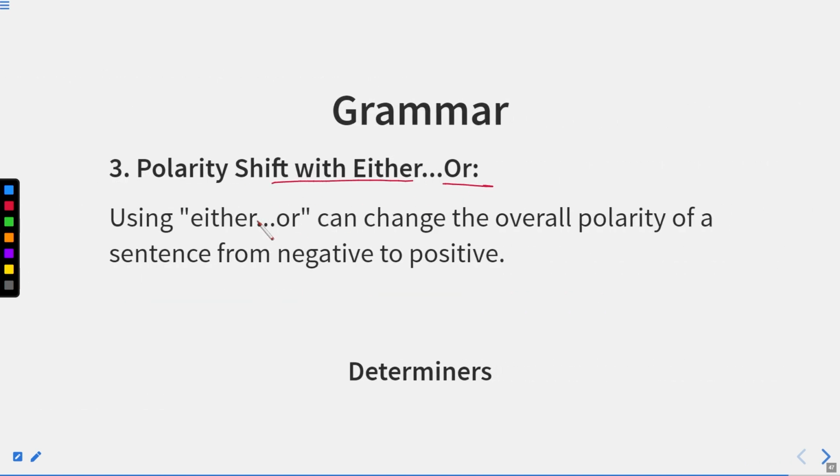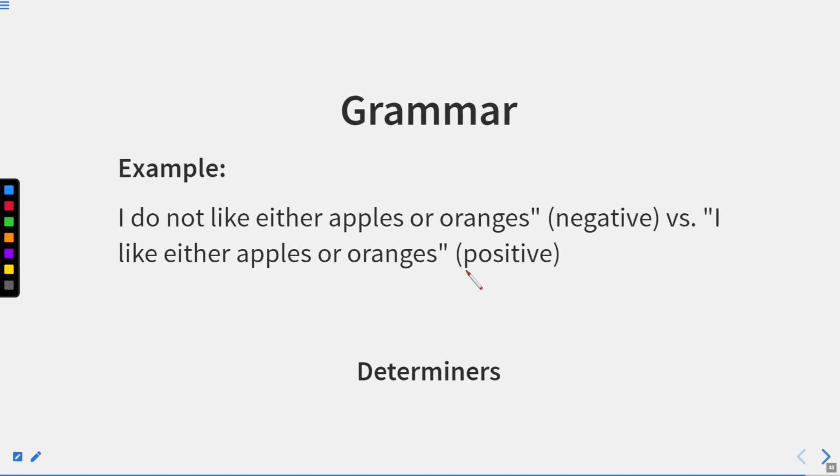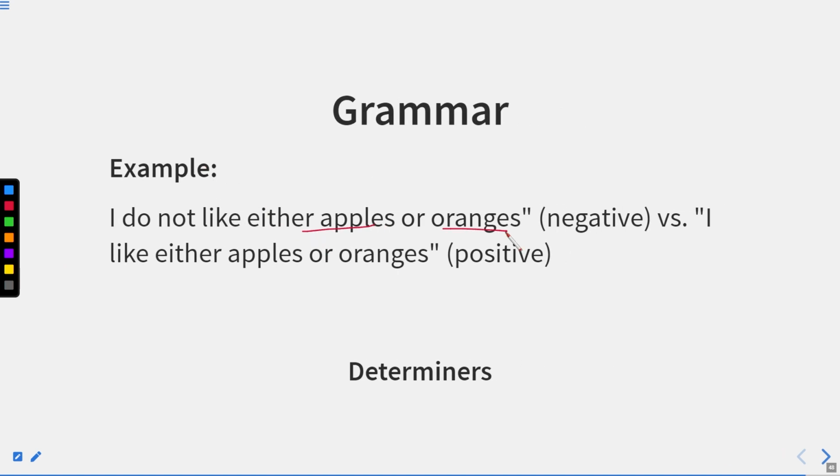Polarity shift with either or. Using either or can change the overall polarity of the sentence from negative to positive. How? I do not like either apples or oranges. This is a negative sentence. But if I say I like either apples or oranges, this is a positive sentence. So if I am using not with the word either, we should not use it.